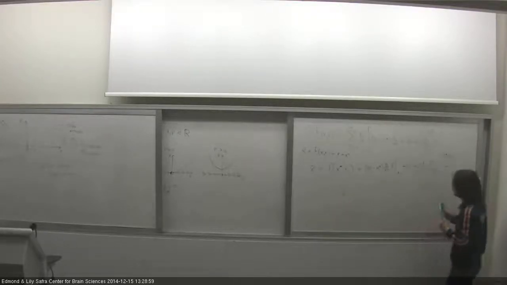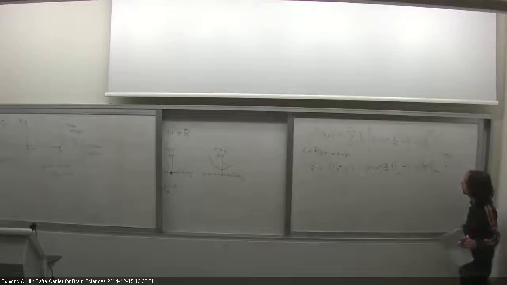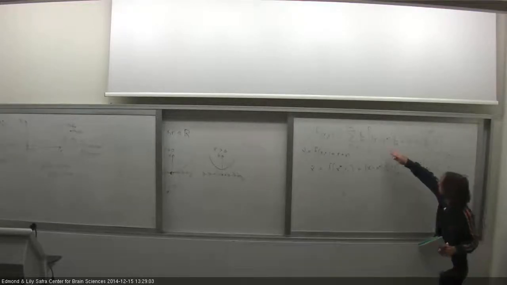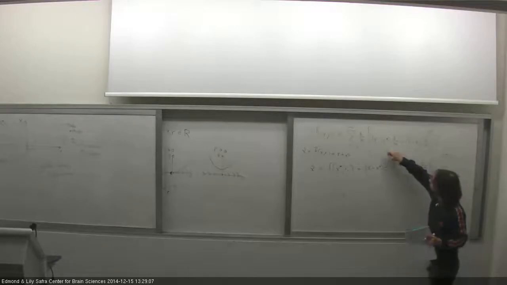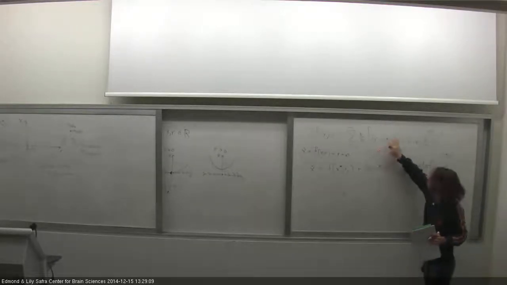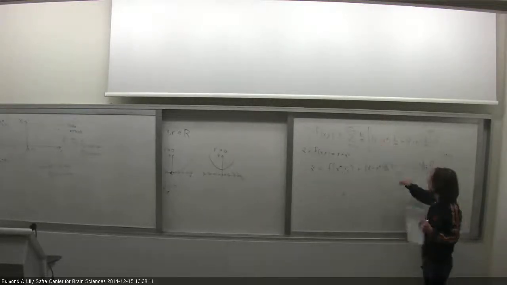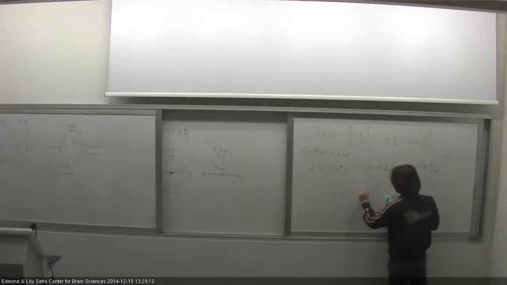Now I have second order terms. This is like opening a binomial. So the first term is just this squared, x minus x star squared.